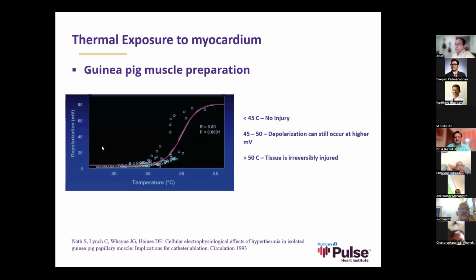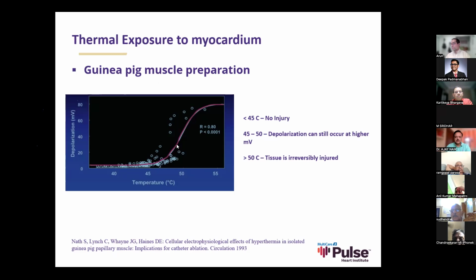The most important slide in this entire lecture is going to be this one. How do we actually create a lesion? What is the purpose of creating a thermal lesion? The whole point is we want to create an irreversible injury and make the tissue non-conducting. That is the whole purpose of ablation, right? The injury should not improve after we stop the ablation procedure.